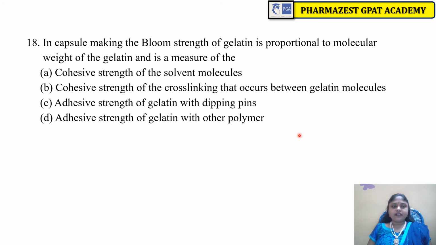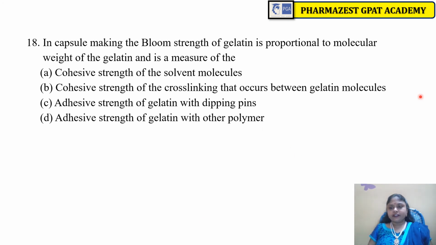The next question is, in capsule making, the Bloom strength of gelatin is proportional to molecular weight of the gelatin and is a measure of: A. cohesive strength of the solvent molecules, B. cohesive strength of the cross-linking that occurs between gelatin molecules, C. adhesive strength of gelatin with dipping pins, and D. adhesive strength of gelatin with other polymers.